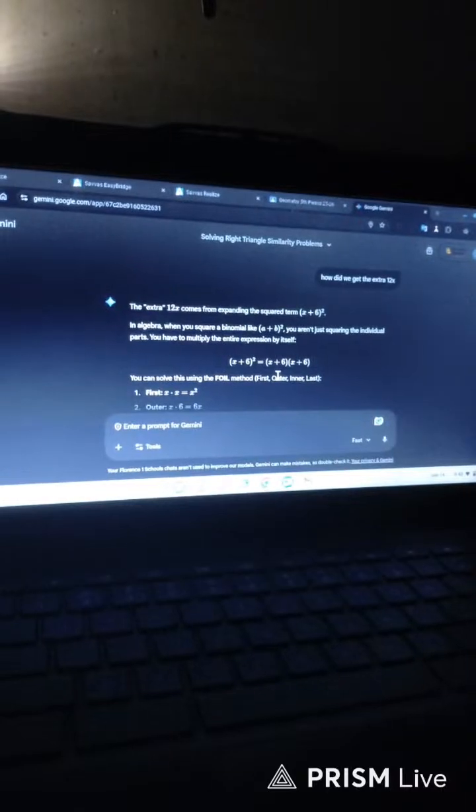X plus 6 squared. Like a plus b squared, you aren't just squaring the individual parts, you have to multiply the entire expression by itself. So x times x. Oh, this makes sense now. Okay, so x times x, x times 6, and then 6 times x, and then we combine these together.